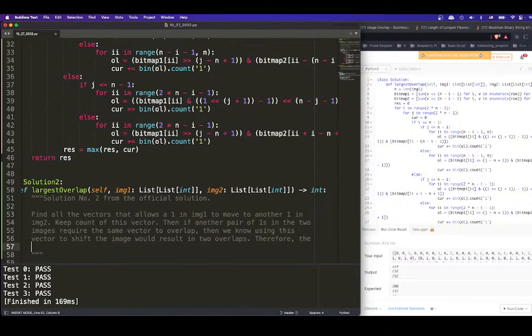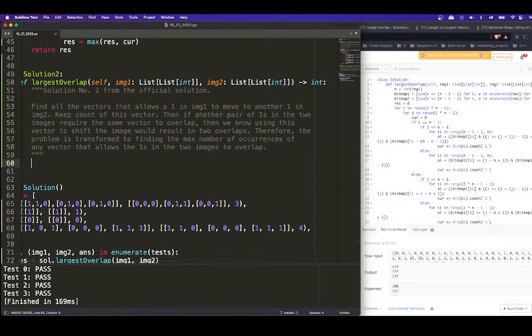Therefore, the problem is transformed to finding the max number of occurrences of any vector that allows the 1s in the two images to overlap.